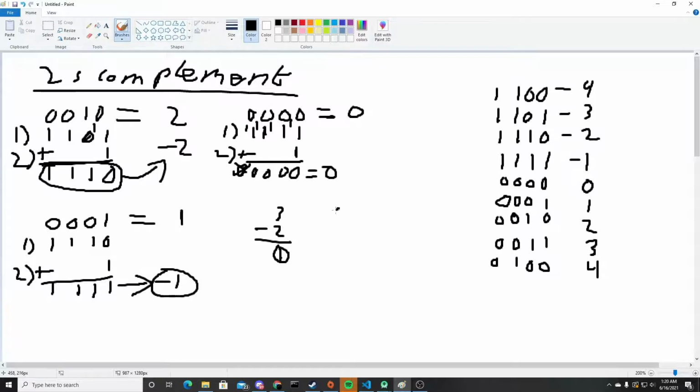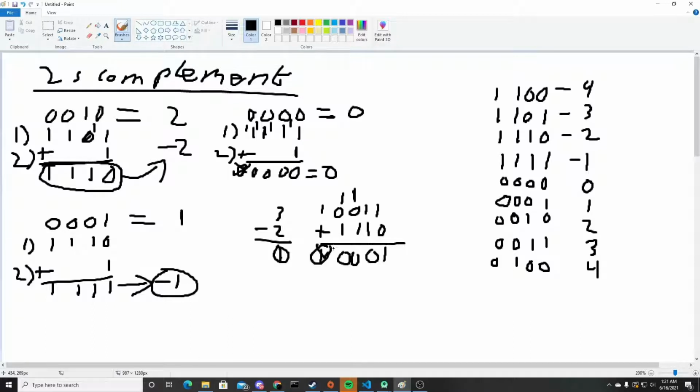So let's do 0, 0, 1, 1, plus the negative 2, so we would have 1, 1, 1, 0. Let's go ahead and get the result for this. It would be 1, then we would have 0 here, carry the 1, 0 here, carry the 1, 0 here, carry the 1, and we would end up with 1 here.